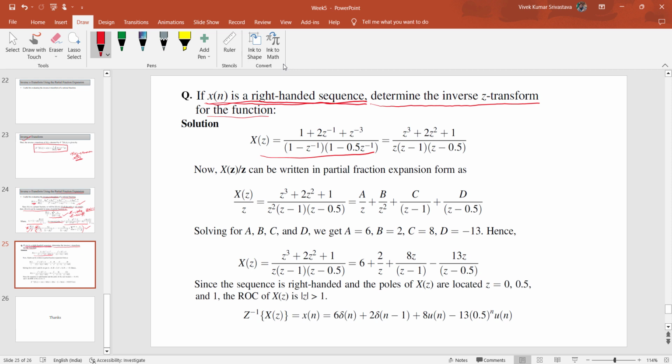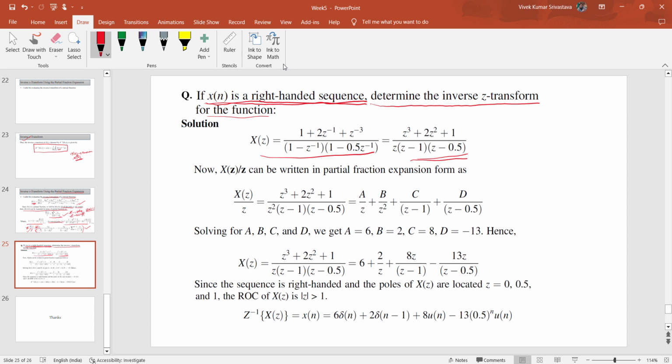So first of all we have to represent this rational function in terms of a simplified function.